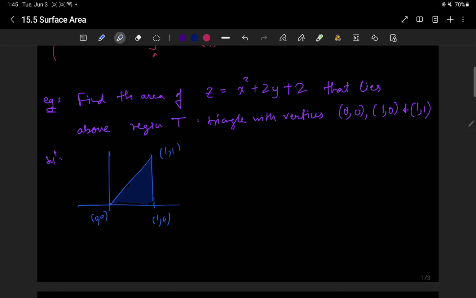What you have to keep in mind is that in reality it's a three-dimensional thing happening here. So there's this region and it's getting projected up to some surface, and we're finding the area of this particular region in the surface.